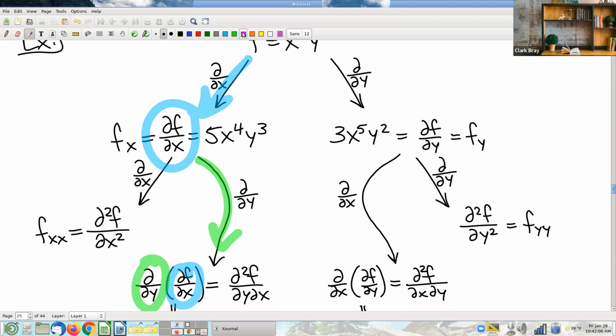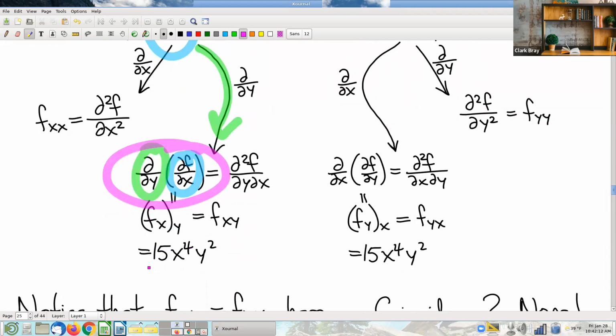A pretty reasonable notation, given that that's what we're computing, would be: we seem to have two partial symbols, and so they write a partial squared. It's not squared, right? It's not a multiplication, but it's just a notational convention, and that's how people write it.